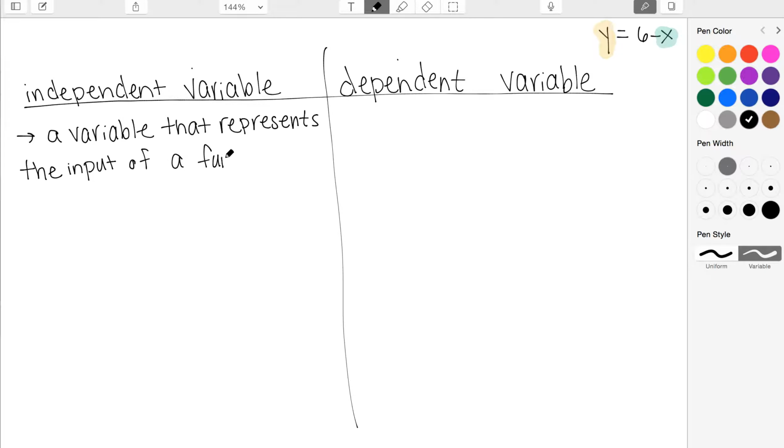I'm going to write function. So for this one, it's the thing that you put into the function or equation. So here, usually I'm going to put in for x first. And another way that we can think about it, it's the value that's not affected by another value.